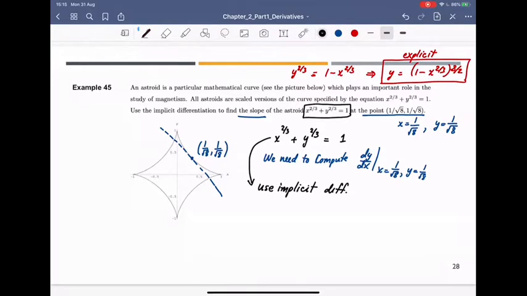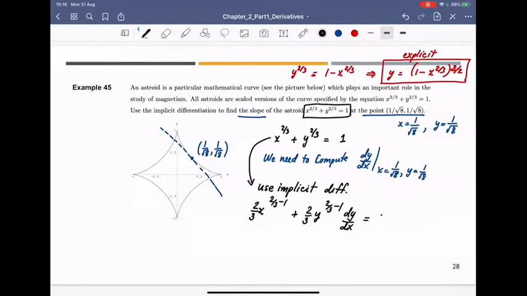Implicit differentiation means you differentiate the whole equation with respect to x. You differentiate x to the 2/3, so you get 2/3 x to the 2/3 minus 1. And then plus 2/3 y to the 2/3 minus 1, but because y is a function of x, you have dy by dx with it. Then you differentiate 1, and what do you get? 0.